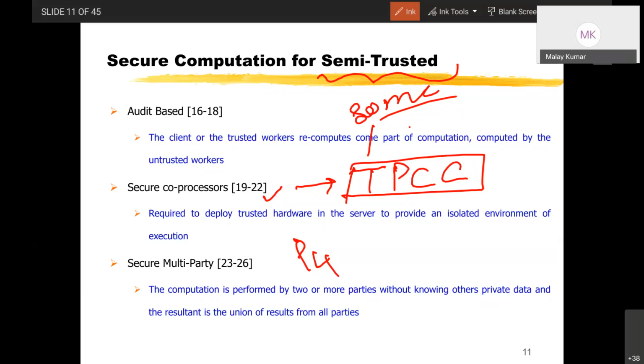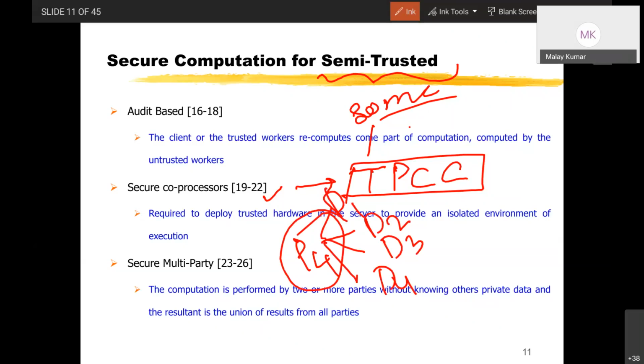Each of them performs its computation in complete isolation, and once the results have been produced, the union of them gives the final result. In this way, the final result is produced.